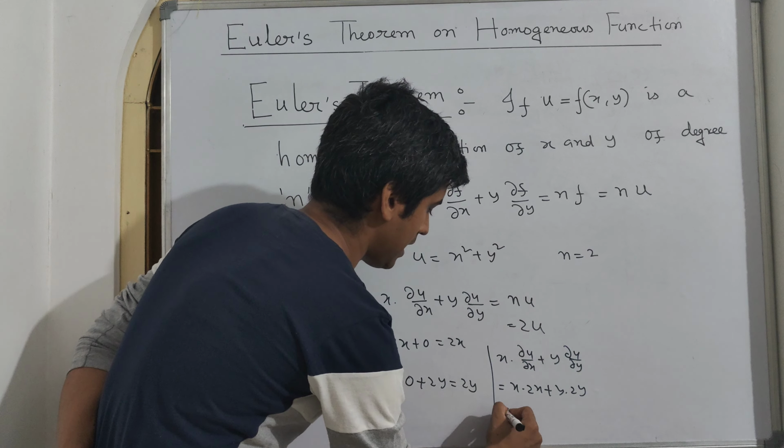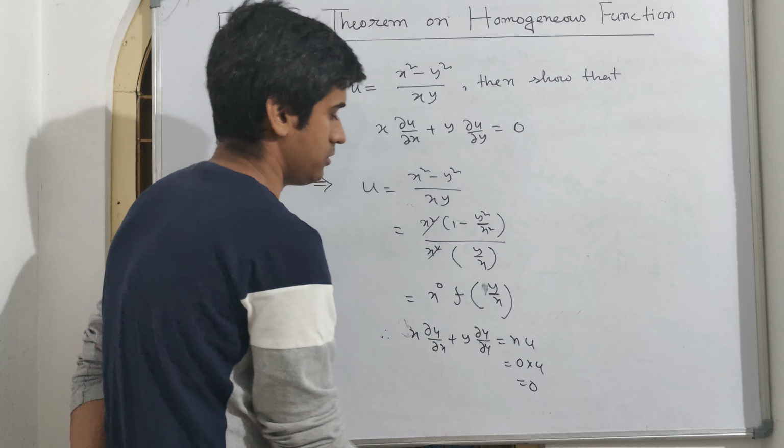So we can write it as x to the power 0 f of y by x. Here the degree of u is 0, so from Euler's theorem x into del u del x plus y into del u del y equals nu. Here n equals 0, so 0 into u will be 0.